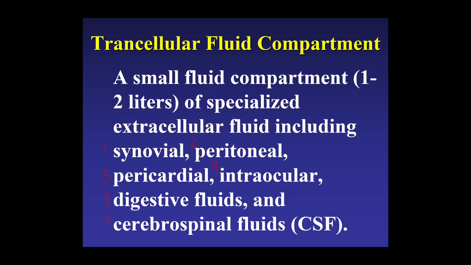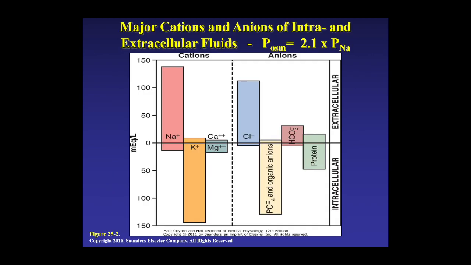It has similar components. Now, what do I have in the extracellular fluid compartment? I have a lot of sodium, a lot of chloride, and a lot of bicarbonate. What do I have in the intracellular fluid compartment? A lot of potassium, a lot of magnesium, a lot of proteins, as well as a lot of phosphate. Now you notice the constituents are different, but the osmolality is the same.